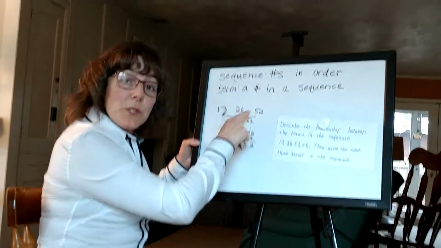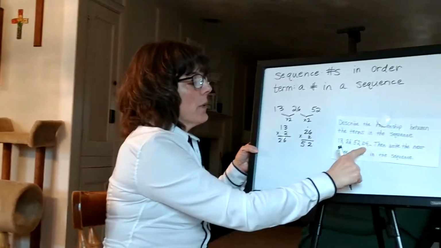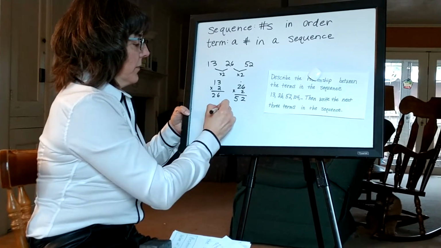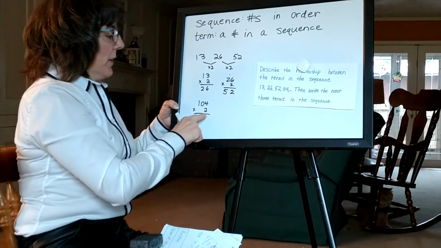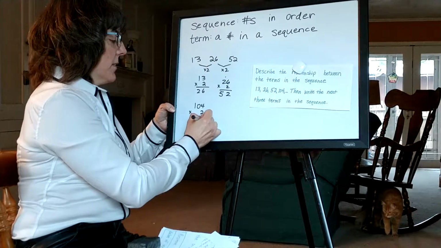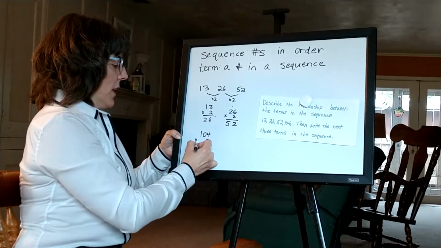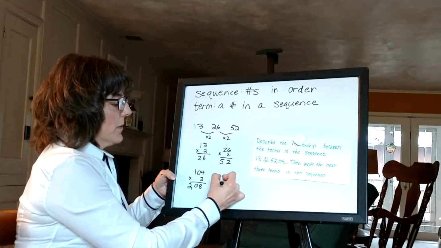So to get from one term to the next, we're going to be multiplying by 2. So now we're going to start with 104 and multiply by 2. I know that 4 times 2 is 8. 2 times 0 is 0, and 2 times 1 is 2. So that's the next term in the sequence.